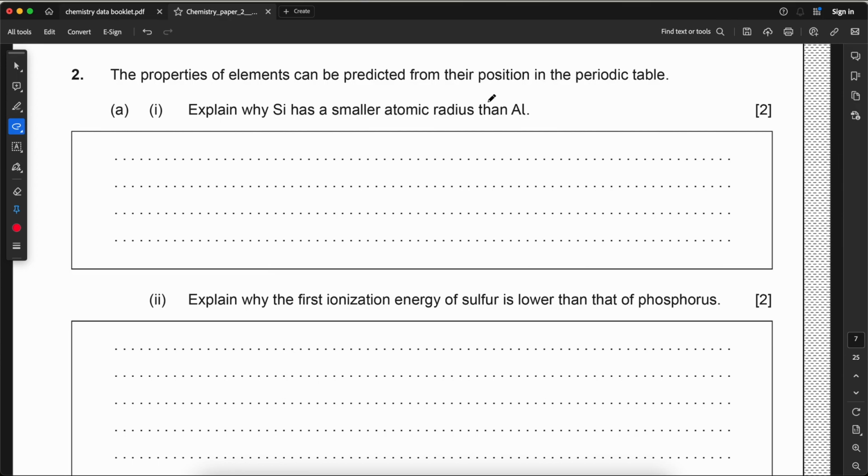The properties of elements can be predicted from their position in the periodic table. Explain why Si, silicon, has a smaller atomic radius than aluminum. Si is number 14, the proton number or atomic number is 14, and electron number also 14. Al is 13.